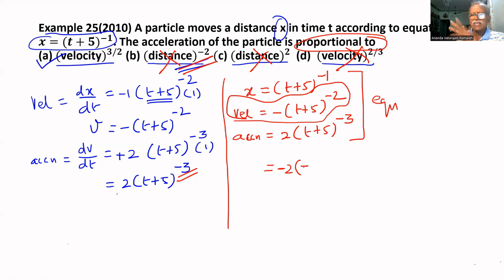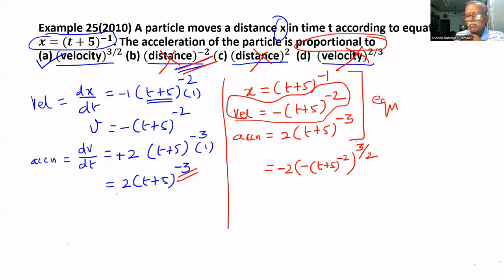Now the 2 minus signs get cancelled. So I can write t plus 5, and the power is minus 3. The minus sign is taken, 3 alone is there, but this 2 is additional. To cancel that, I am putting divided by 2.